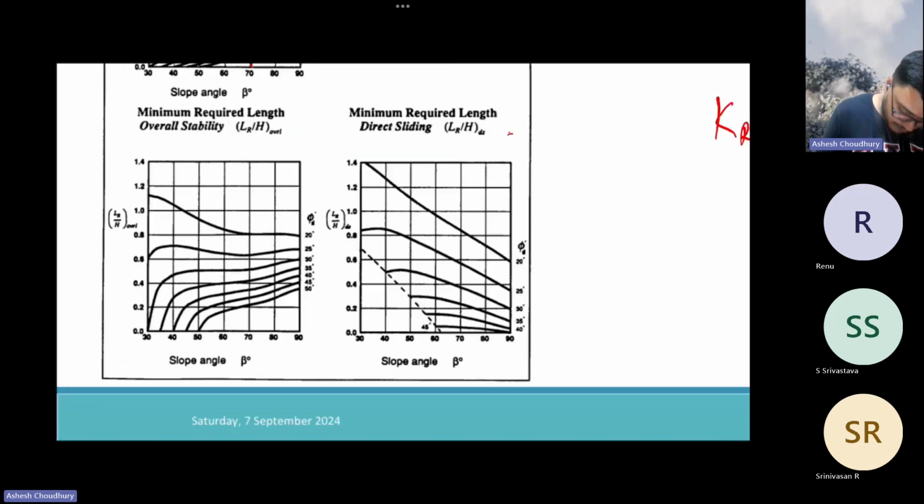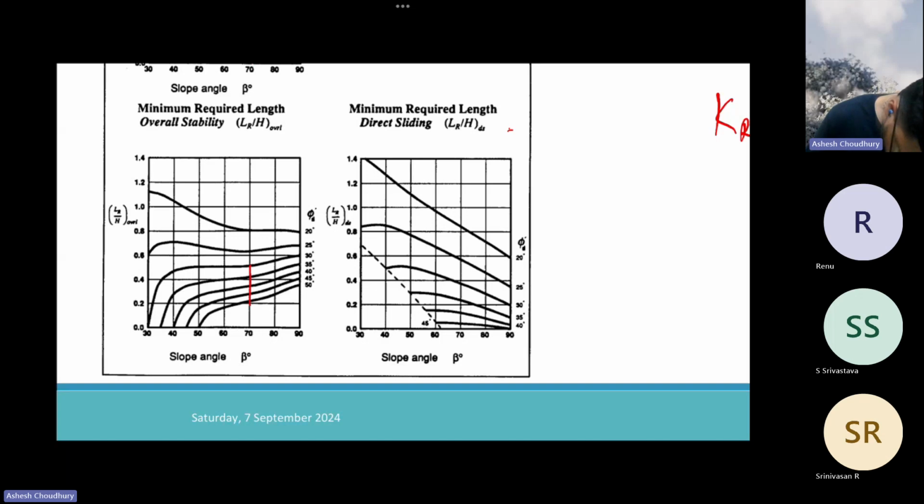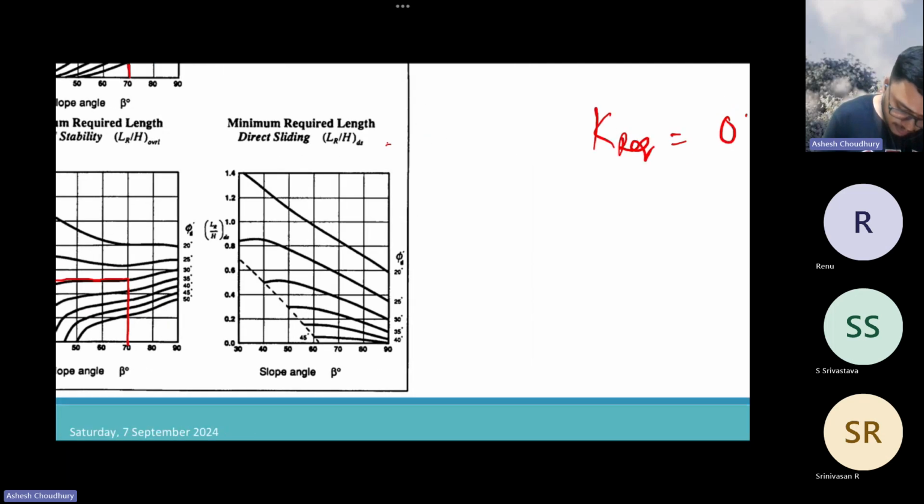Now from here again we have to do. So this approximately you can take 0.51.